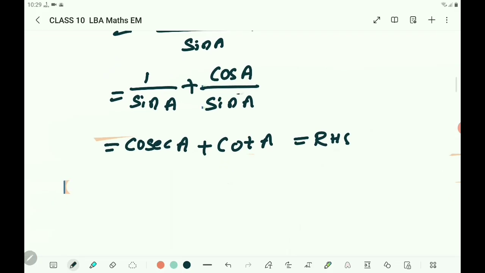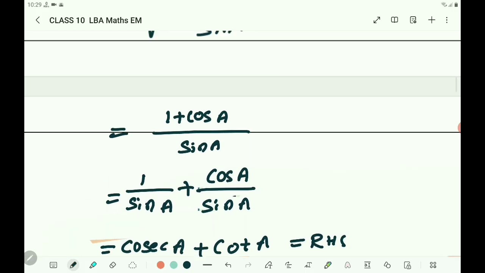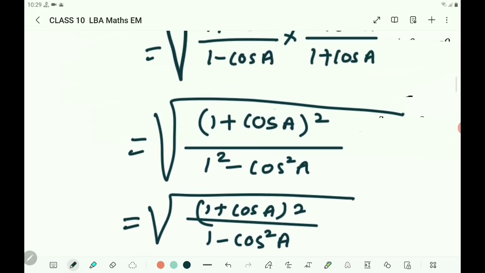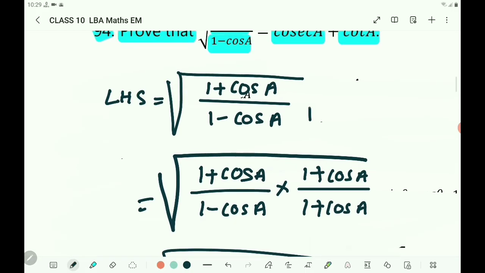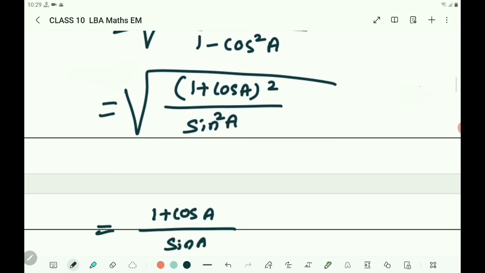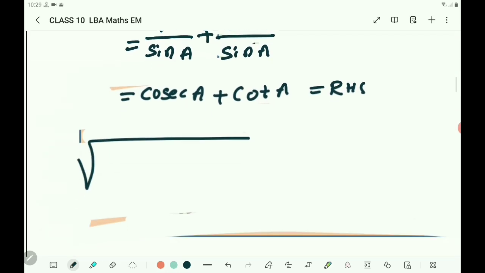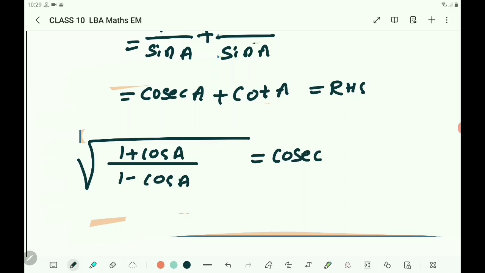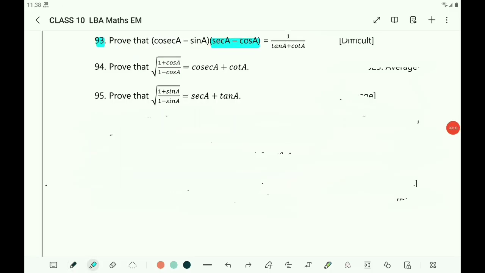Therefore, whole root 1 plus cos A by 1 minus cos A is equals to cosec A plus cot A.